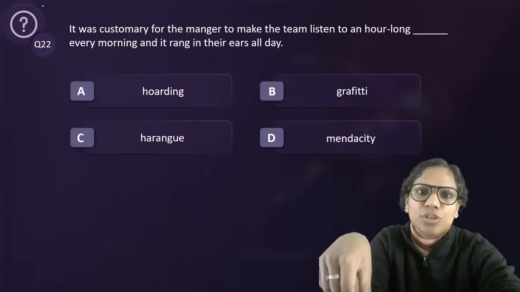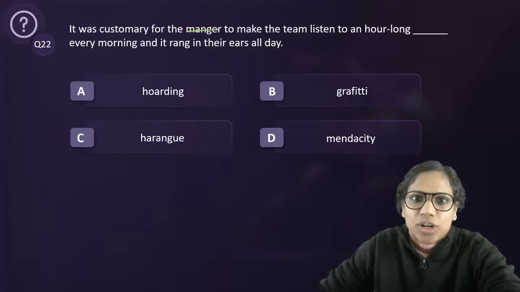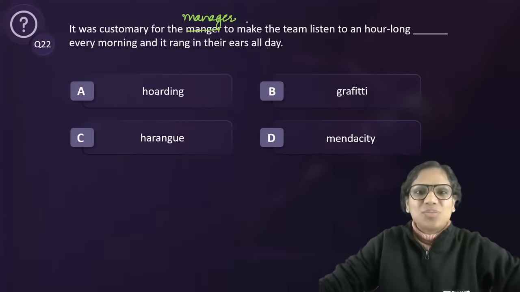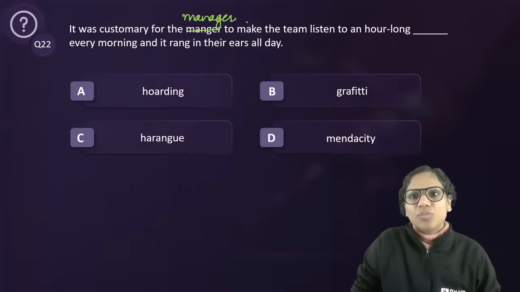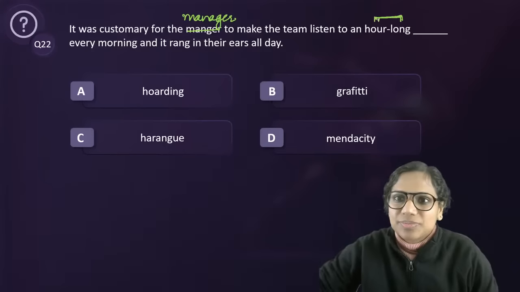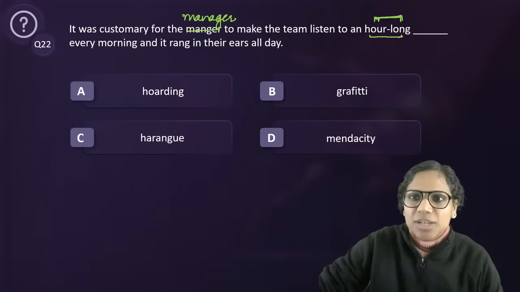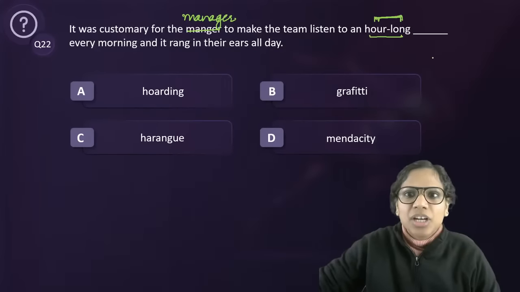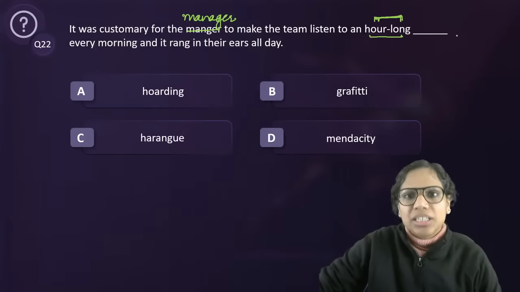It was customary for the manager to make the team listen to an hour long... Now see, I've sort of created a compound word here. Why? An hour long something.